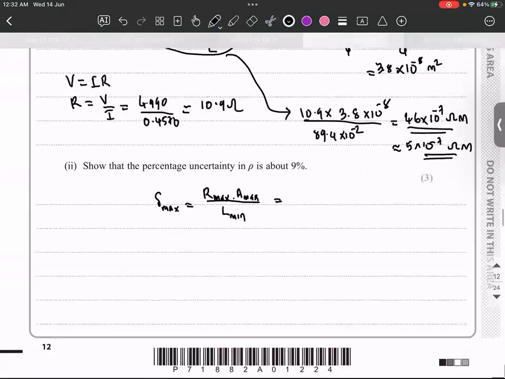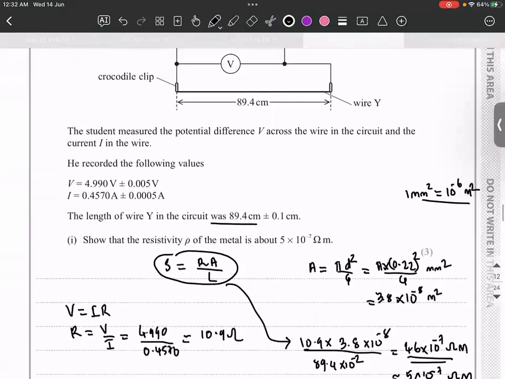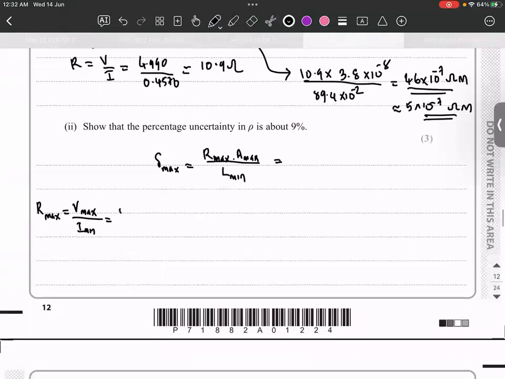So even that will also change. The maximum value of R, we will calculate by taking the maximum value of V and dividing by the minimum value of I. So the maximum value of I is 4.99 plus 0.05.